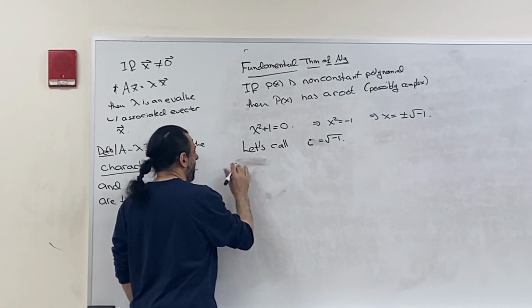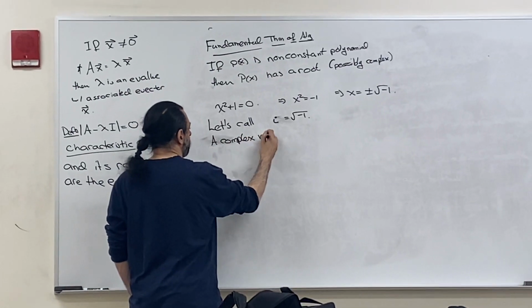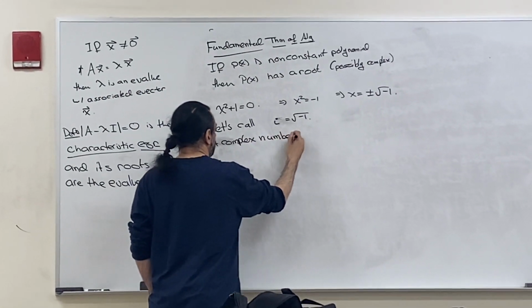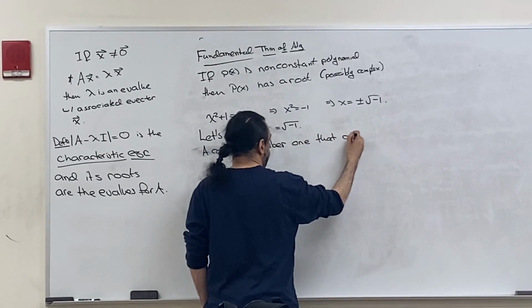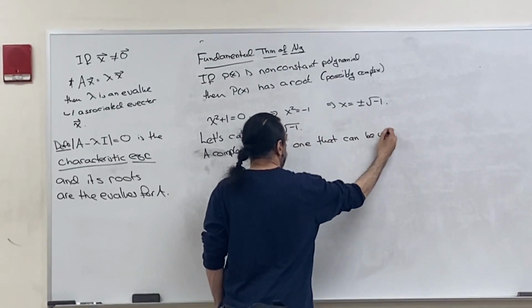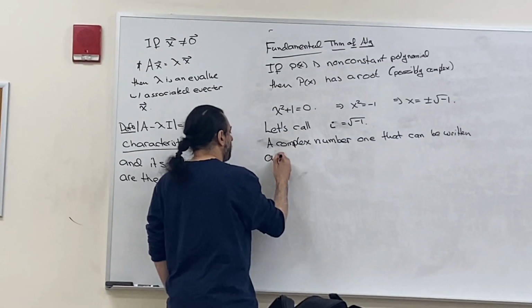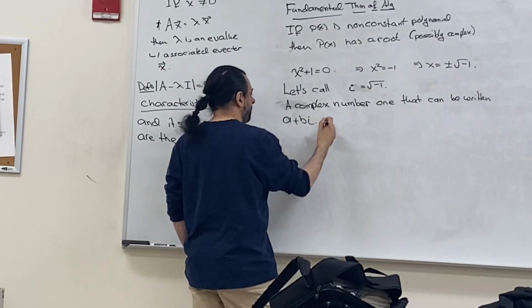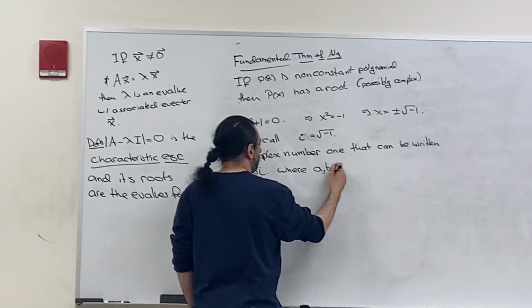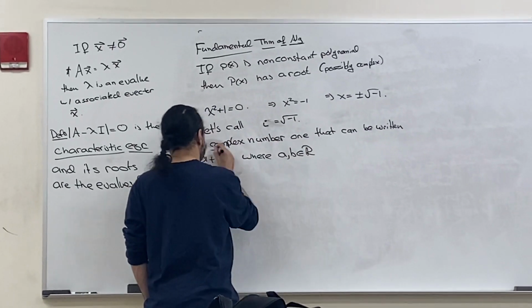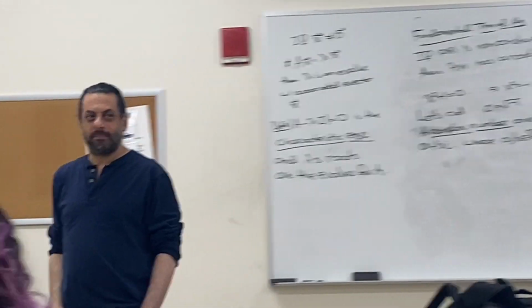And first we'll say a complex number is one of the form a plus bi, where a and b are real numbers. Good?